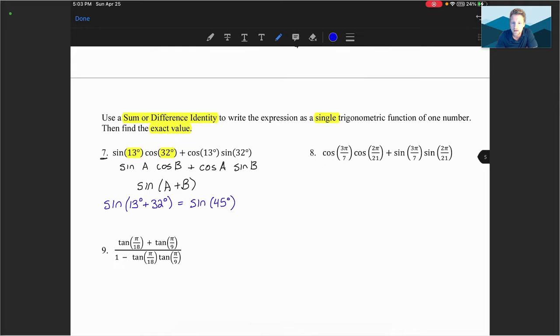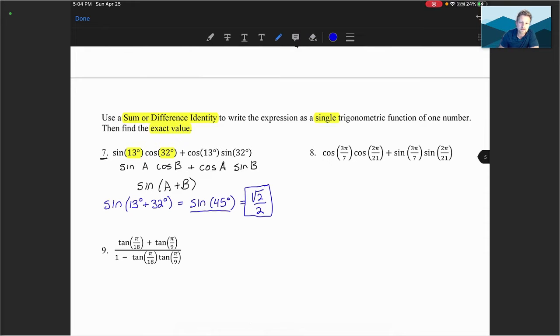And then sine of 45, we got it down to one trig function in one number, and we can evaluate this and find its exact solution as the square root of 2 over 2. And that, number 7, would be solved. So again, we're using the sum of A plus B in the sine function.